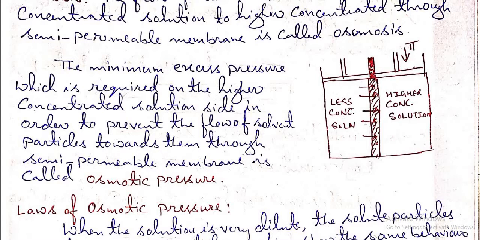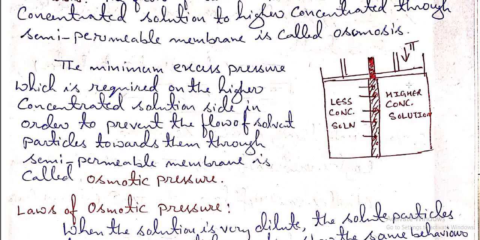On one side we have got the less concentrated solution, and on the other side we have got the higher concentrated solution, and in between that we have got a semi-permeable membrane through which only the solvent particles can pass. So according to osmosis, the particles of solvent will move from the less concentrated solution to the higher concentrated solution.